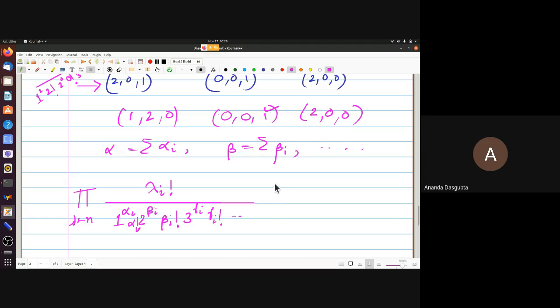But that's not all. That's just one way of distributing alpha, beta, gammas among them. So you have to sum up over all possible ways. Shouldn't we multiply over all i's? Yeah, all i's actually. So all partitions essentially means all i's. Yeah, right. So maybe if I'm already using i's, I can just say all i's. Right.